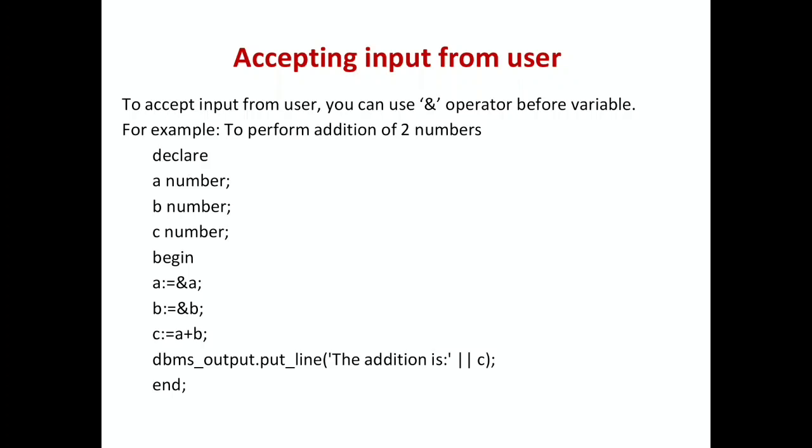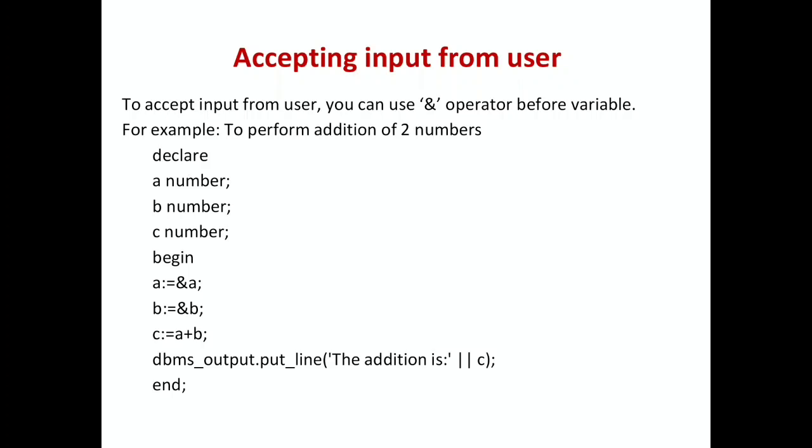Then the actual logic is C colon equal to A plus B. Here the A and B values are added and stored into C. And then I want to display that to the user. So I have written dbms_output.put_line. In brackets, 'The addition is' is the text which I want to display.